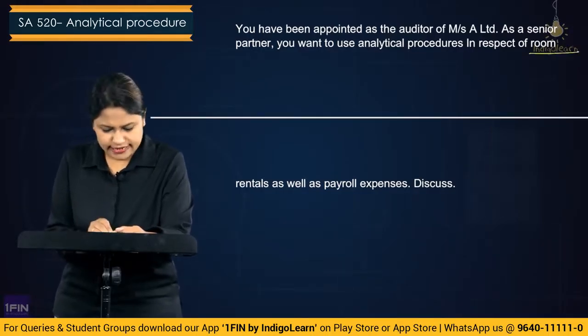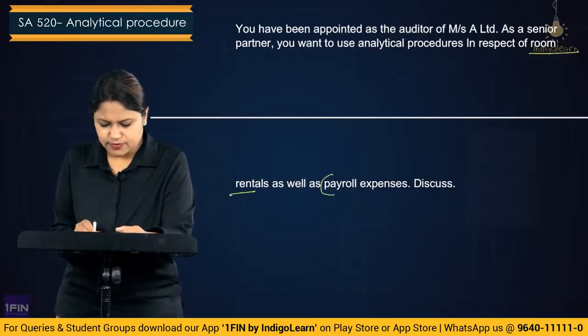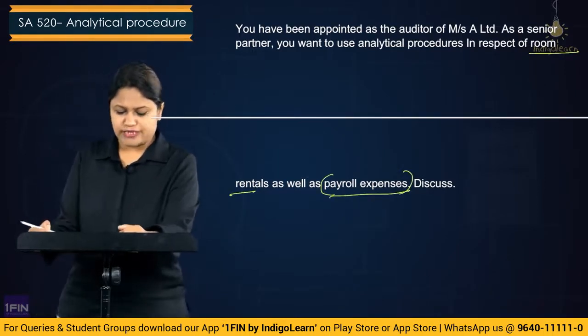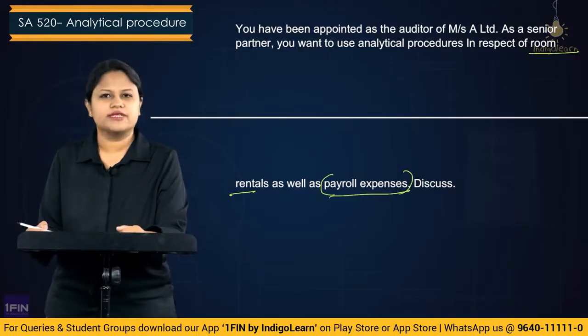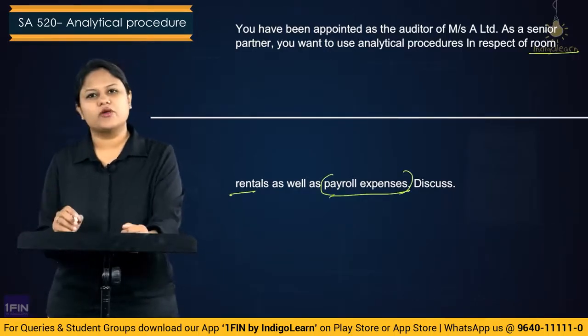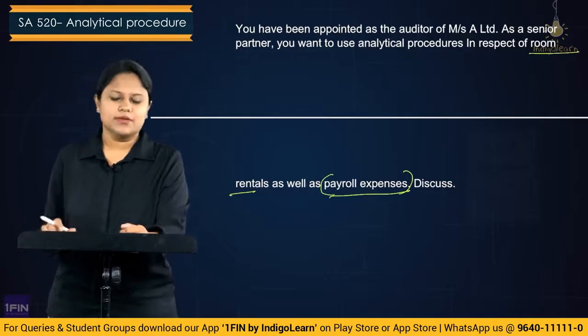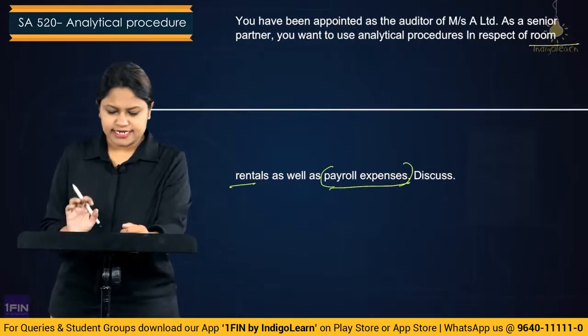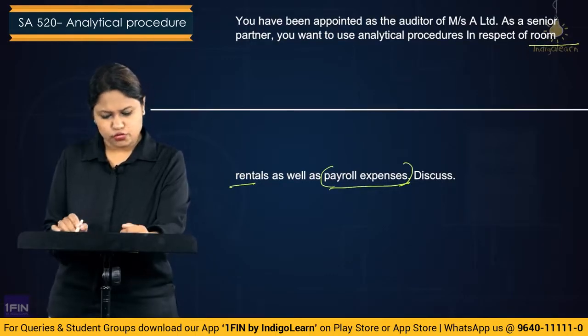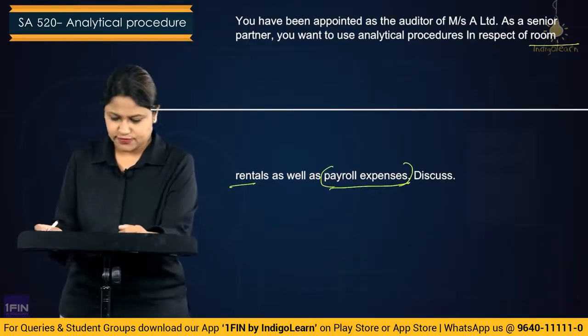One is the room rentals and the other is the payroll expenses. Okay. So we realize that these two places, it is suitable for us to perform the analytical procedures.